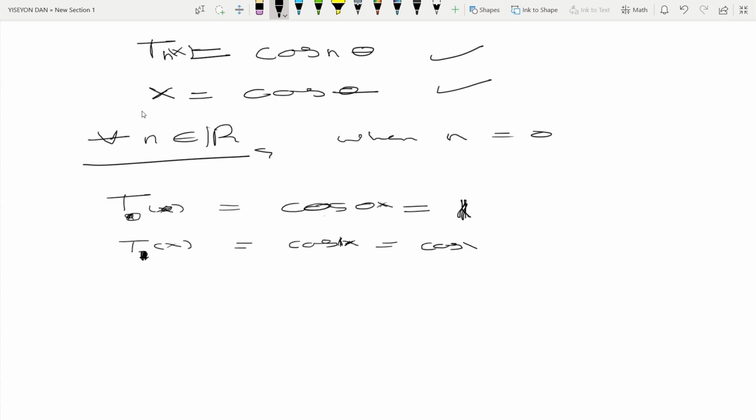And don't forget from the onset that cos θ is equal to x. So T1(x) is equal to x.